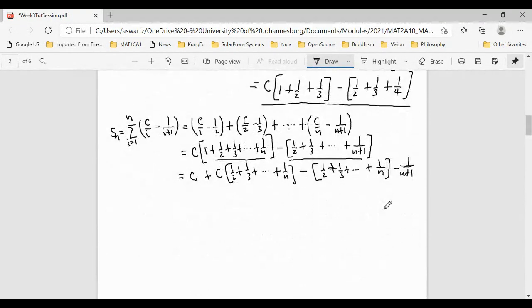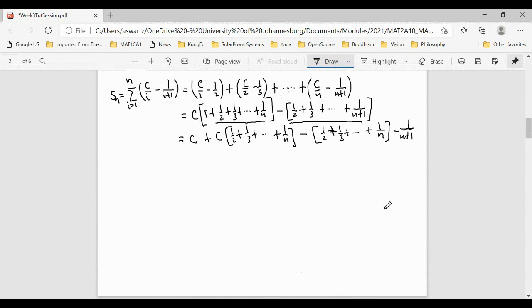Let's scroll. Okay, so now I've got C plus C, and what I've got there in both cases is C times the harmonic series minus the harmonic series, right? So I'm keeping that in mind. Somehow this is going to be related to the harmonic series.